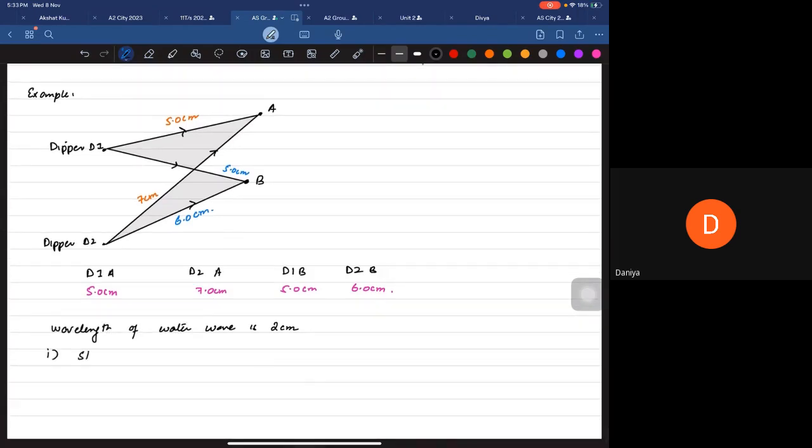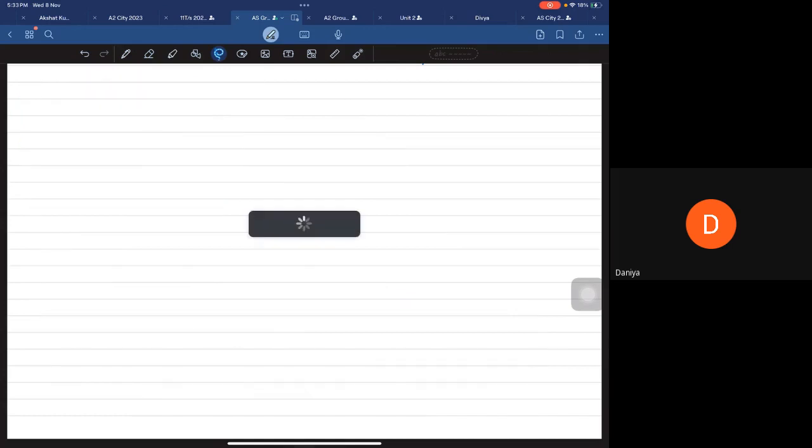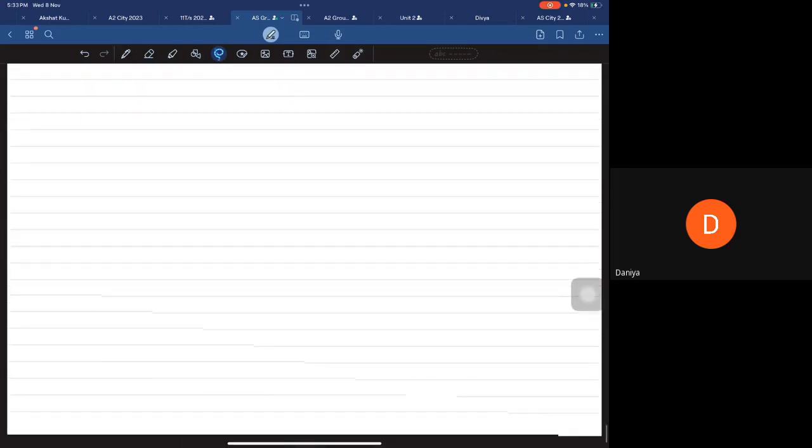Number 1, state the appearance with respect to displacement at A and B. Let me just move this to the other page because it's not fitting in.